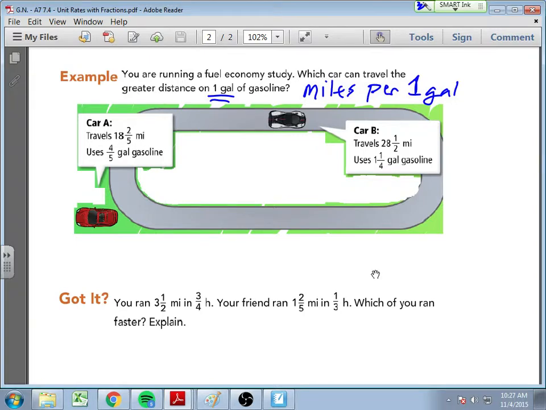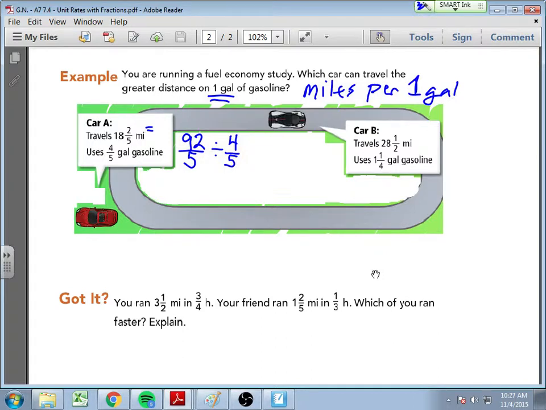So for car A, and I'm just going to make them all improper values. Car A, 18 2/5, 92 fifths, divided by my gallons, which is 4/5. I keep, change, flip it.